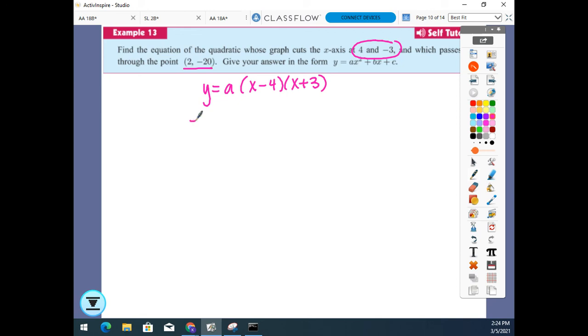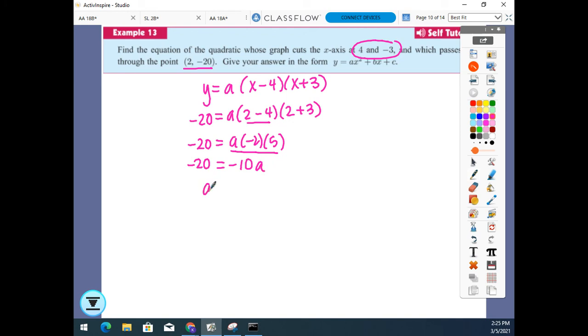So I can substitute -20 in for y, and 2 in for each x. 2 minus 4 is -2. 2 plus 3 is 5. Multiplying my right side gives me -10a. Divide by -10, I get a is 2. So I can now substitute my a back in, and we're left with intercept form.